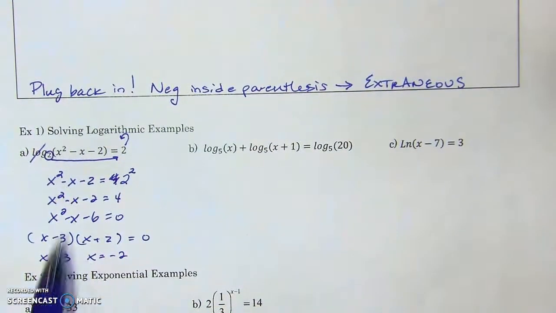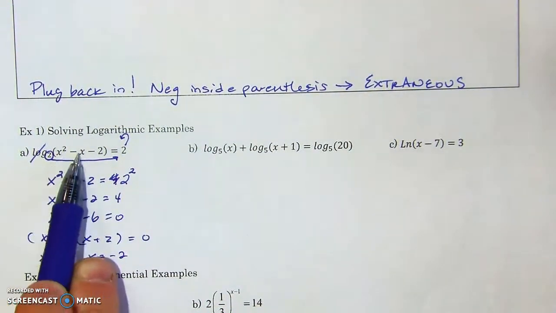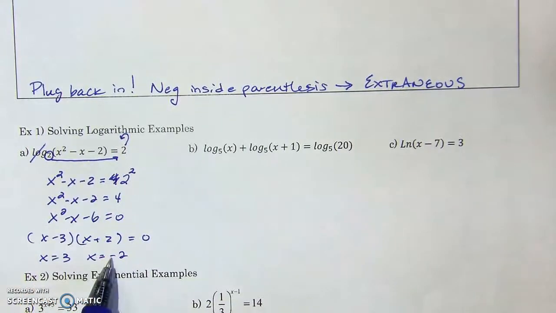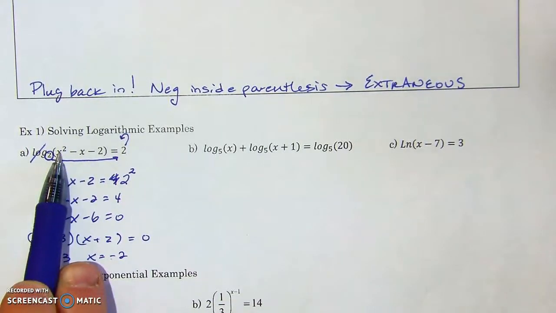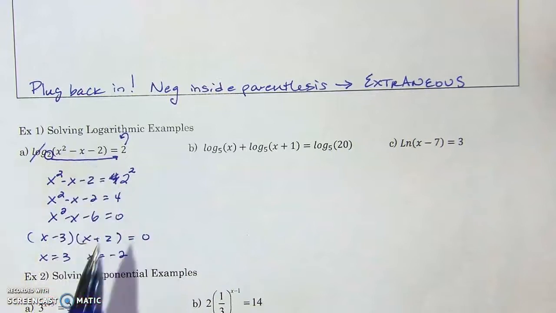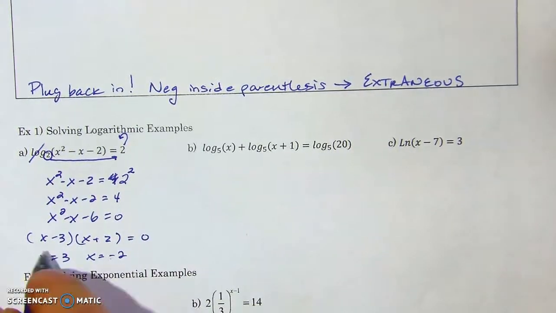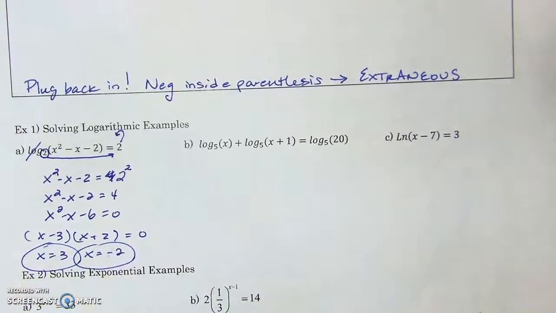Let's check here. If I plug in a 3, we get 3 squared, 9, minus 3, minus 2, that'd be 4. Plug in a negative 2: negative 2 squared is 4, plus 2, minus 2 gives us positive 4. We're good to go for both of these answers.